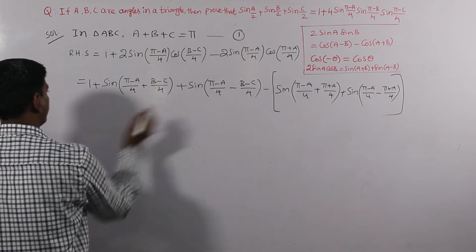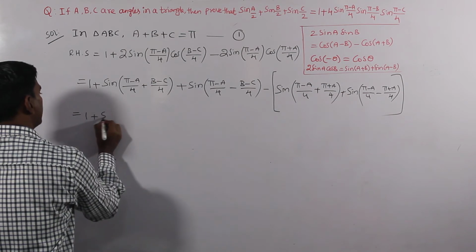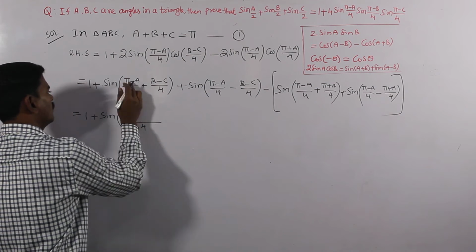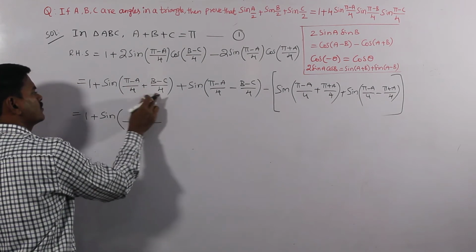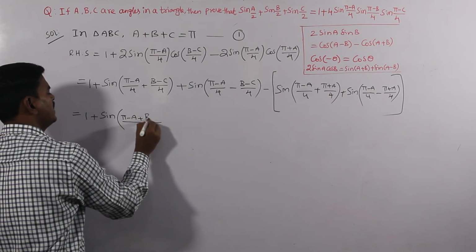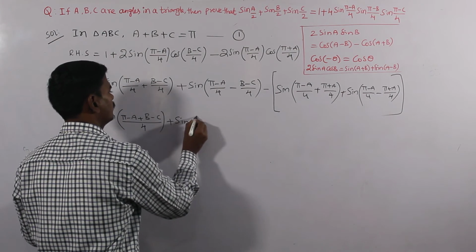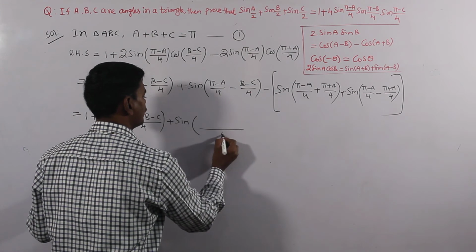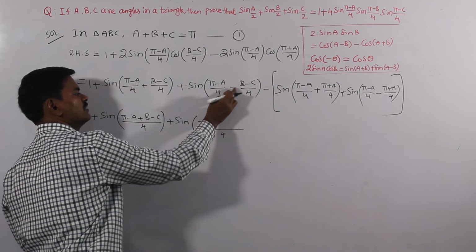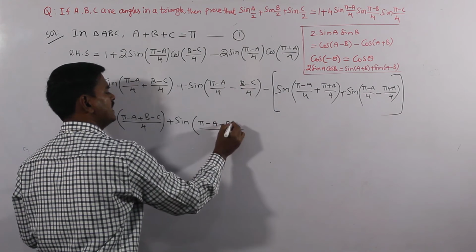Now simplification. 1 plus sine of, the LCM is 4. Now numerators can be added directly because denominators are the same: pi minus a plus b minus c, plus sine of, the LCM is 4, pi minus a. Now apply minus for both the terms: minus into plus b minus b, minus into minus c plus c.